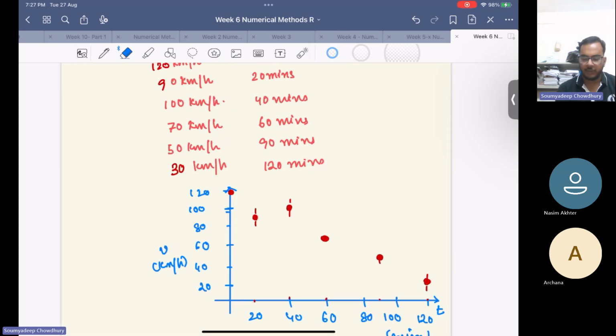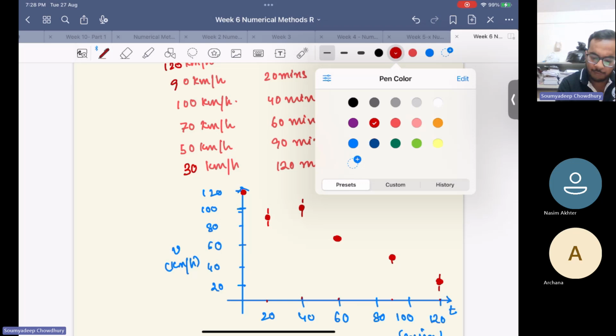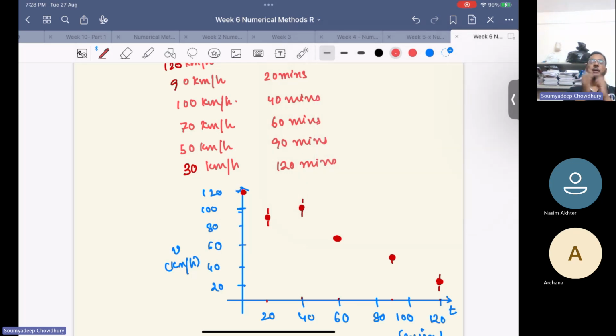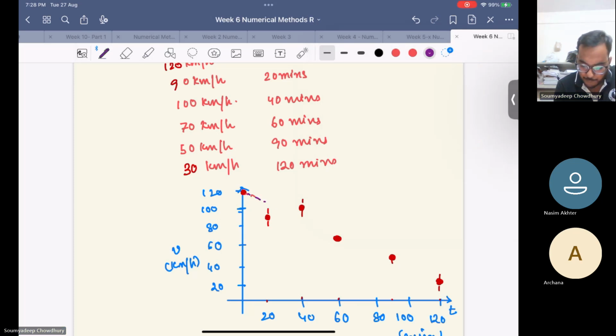So basically, you can see all these points will not, if you try to join these points and form a curve, you are seeing that it is not getting in the same straight line, right? So if I want to draw a straight line somehow to connect these points, what I can do? So there can be multiple straight lines, right? Suppose one straight line I draw like this.